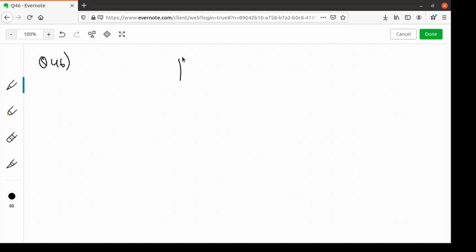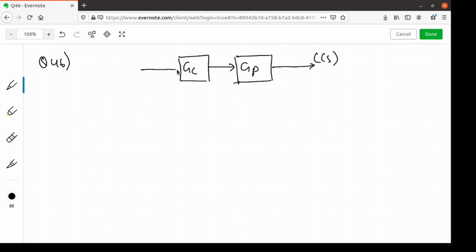So we are given a block diagram with the compensator and then a plant, the output, and then the reference input, then there is a feedback.